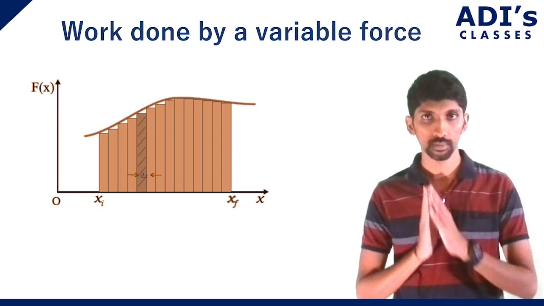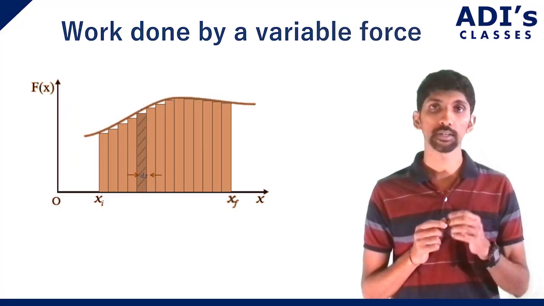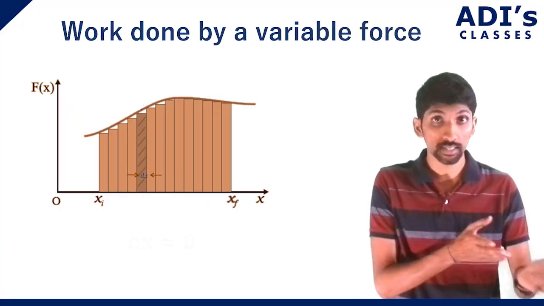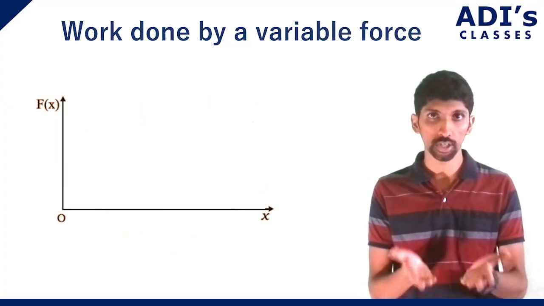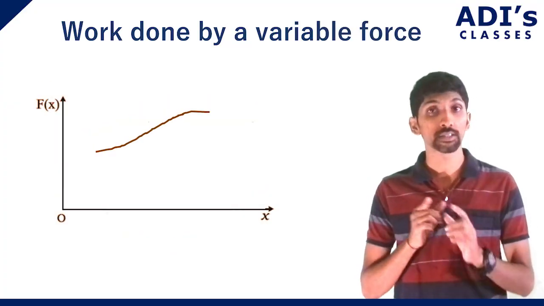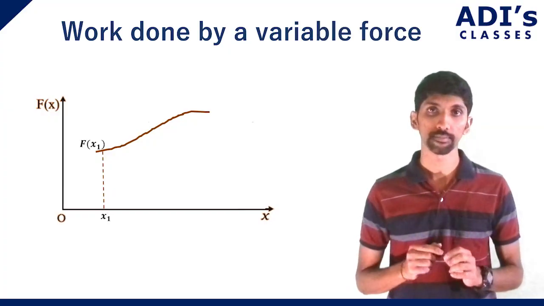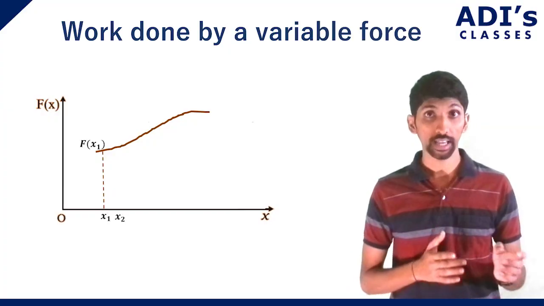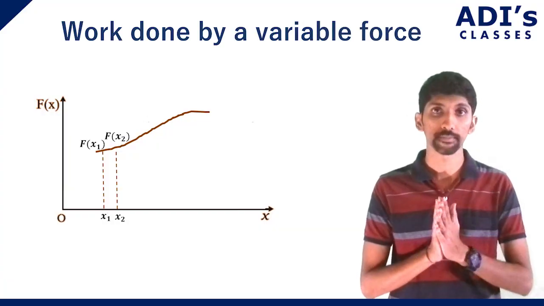Now every point you see on the graph is nothing but a y value, correct? Because y is equal to f of x. If you take x1 as the initial point, then f of x1 will give you the value of y, that is this point. Same thing, if you take x2, then f of x2 will be this point.